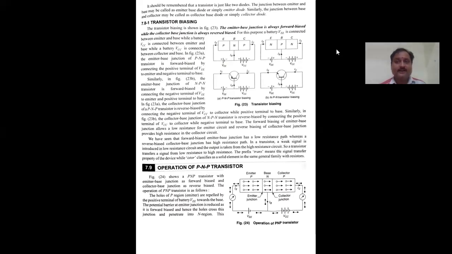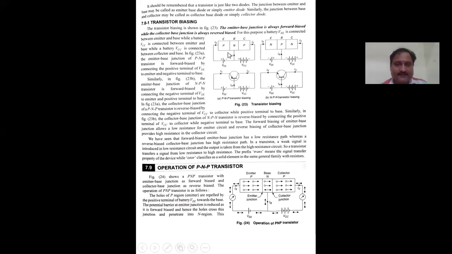Already you read in the PN junction diode. What is forward bias connection? The positive of a battery is connected to P type semiconductor. Why? Because in P, majority charge carriers are holes. And the negative terminal of a battery is connected to N type semiconductor, where the majority charge carriers are free electrons, negative.